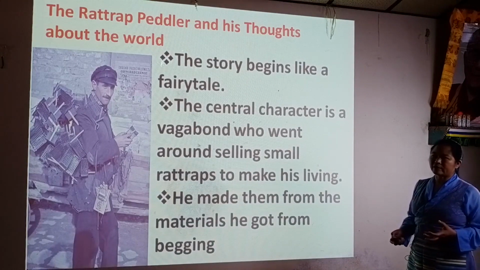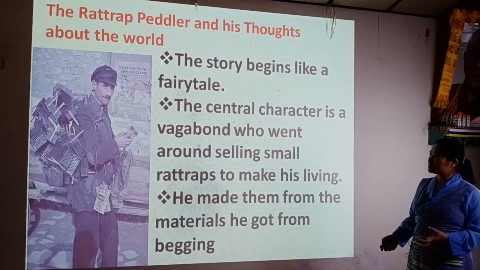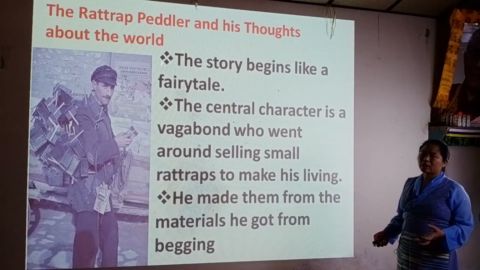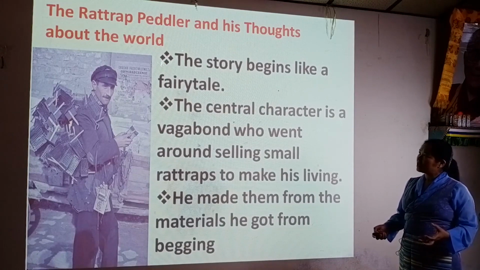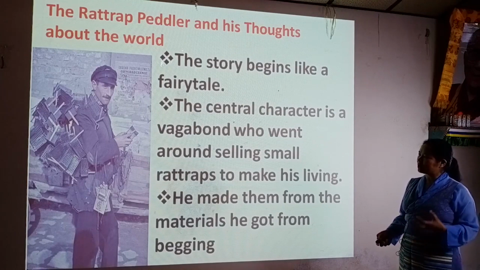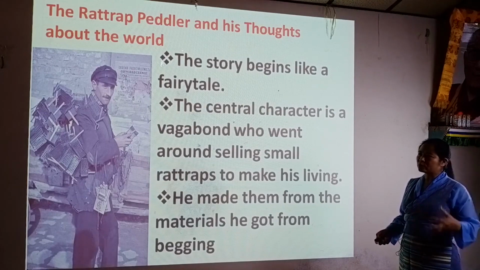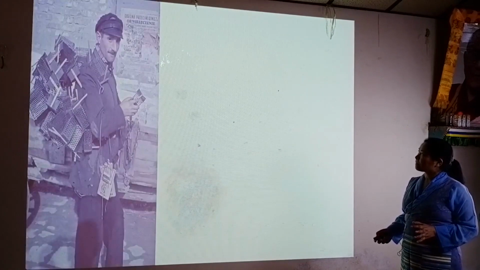He did not have money to buy the materials. So what he does is beg for these materials, especially the iron wires, from people, and makes the small rat traps and carries them along with him and goes from place to place, selling all these rat traps. So he's a poor person.